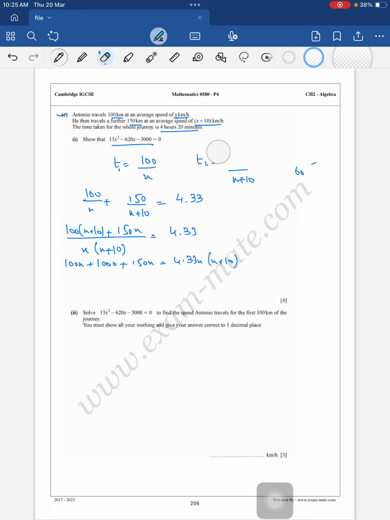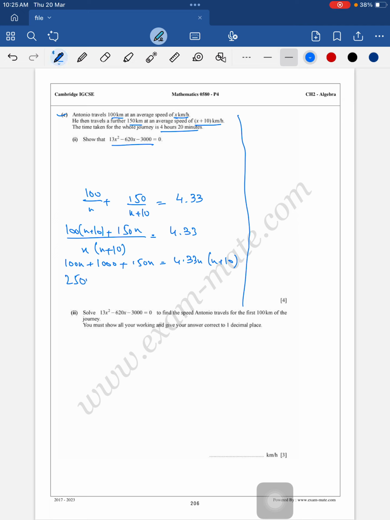I am erasing this so that we can get the space to solve the question further. So 100x plus 150x is 250x plus 1000 is equals to 4.33x squared plus 43.3x, right?